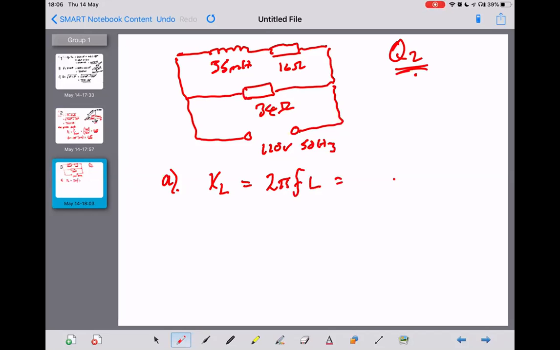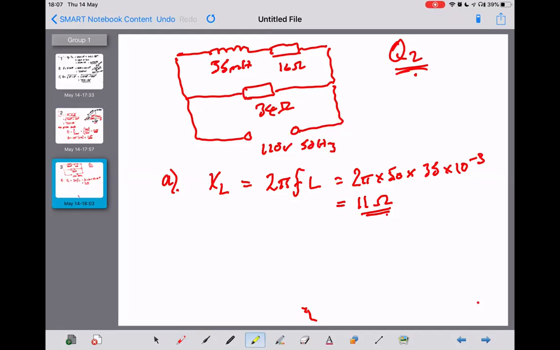Yeah, so it's 2 pi times 50 times 35 times 10 to the minus 3, which equals 11 ohms. Yep, that's what I've got. Let me just put it in my calculator for sounding purposes. Yeah, I got that.